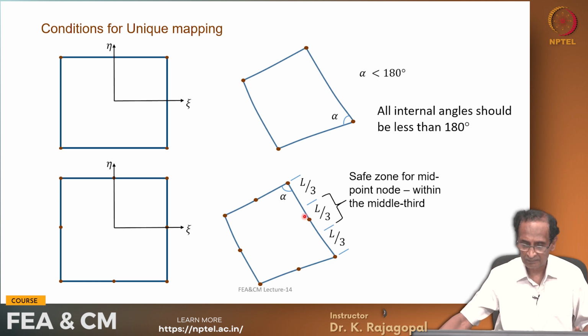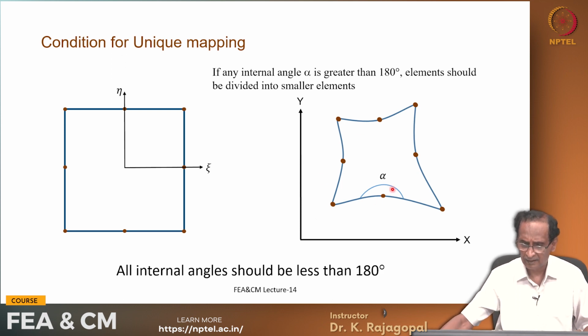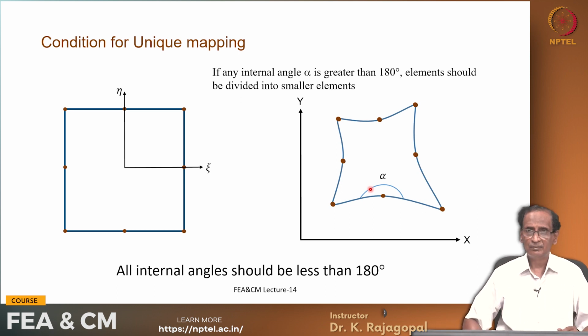Similarly, we place these nodes within the middle third, okay, and any internal angle more than 180 degrees could lead to non-unique mapping.